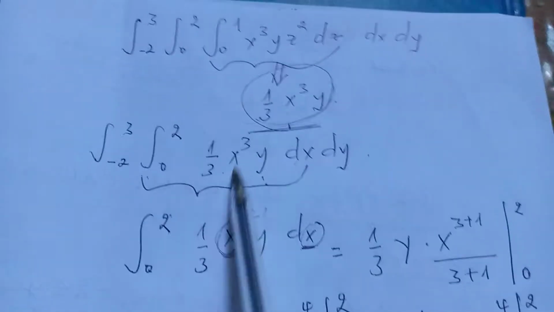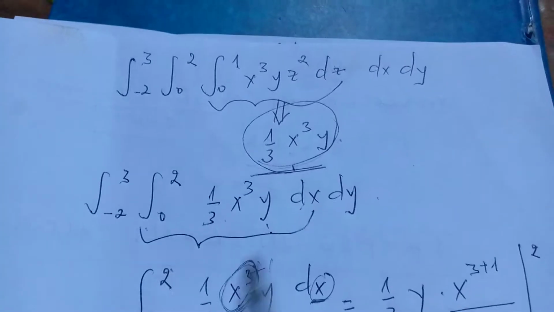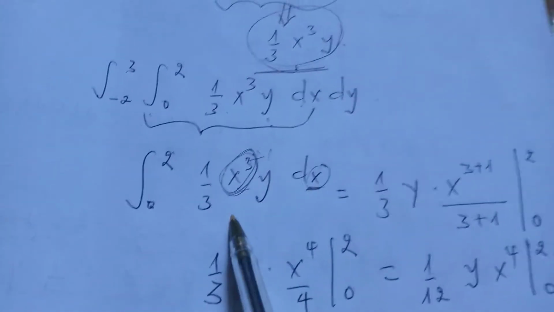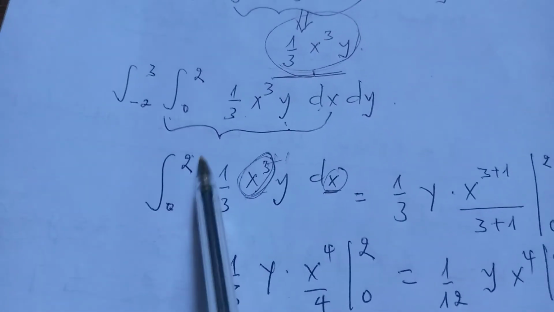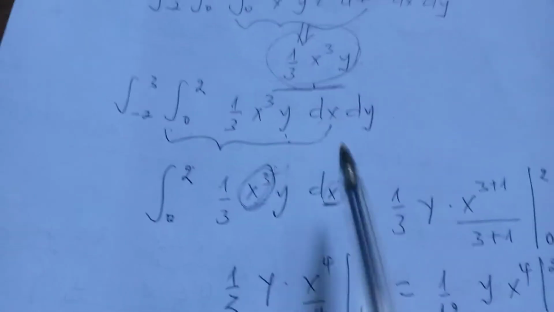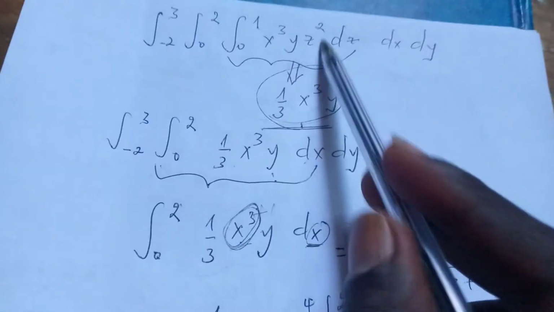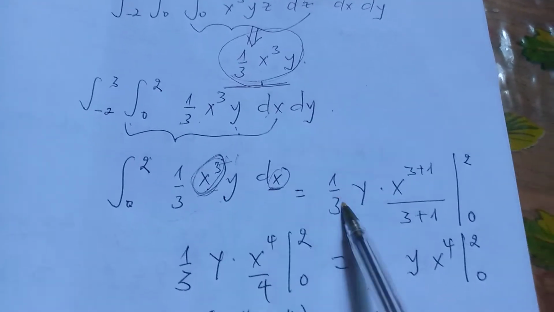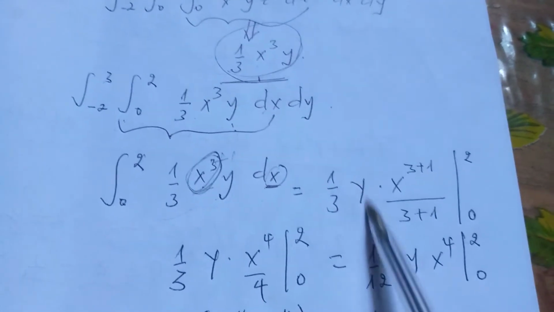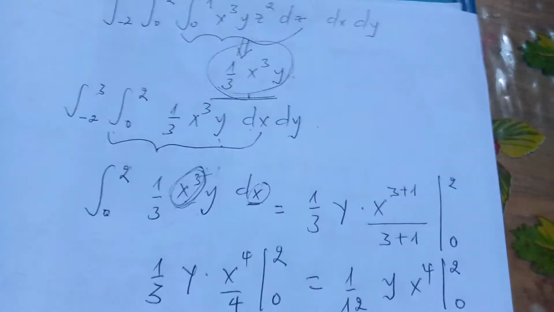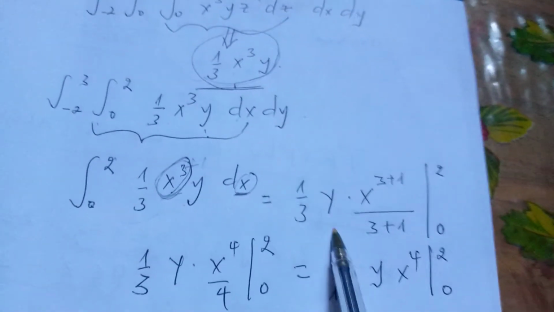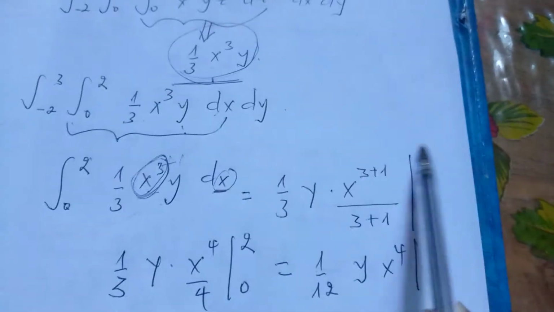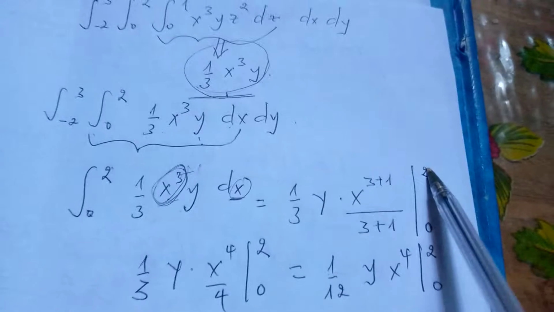So we integrate the integral from 0 to 2 of 1 over 3 x^3 y dx, which gives 1 over 3 y times x^3 plus 1 over 3 plus 1. This is the form of integration from 0 to 2, as usual.